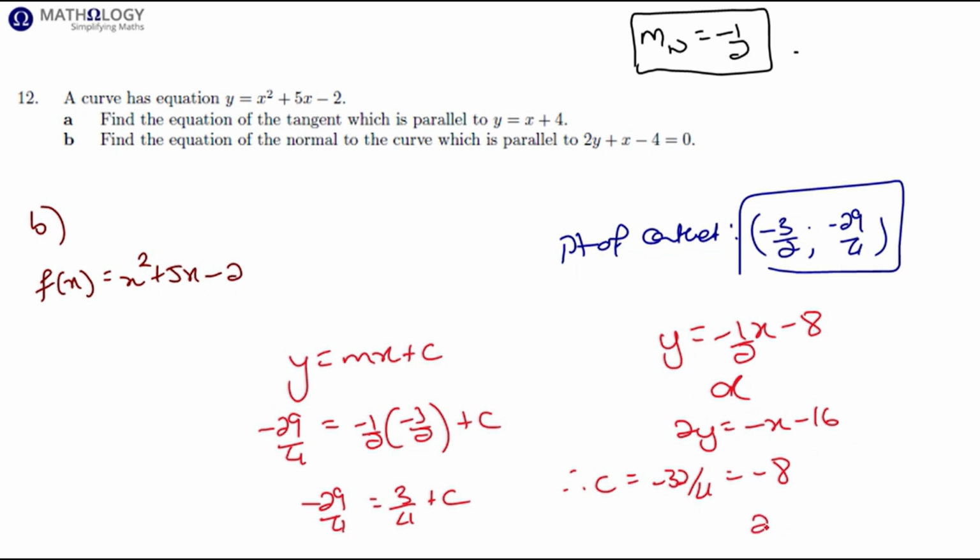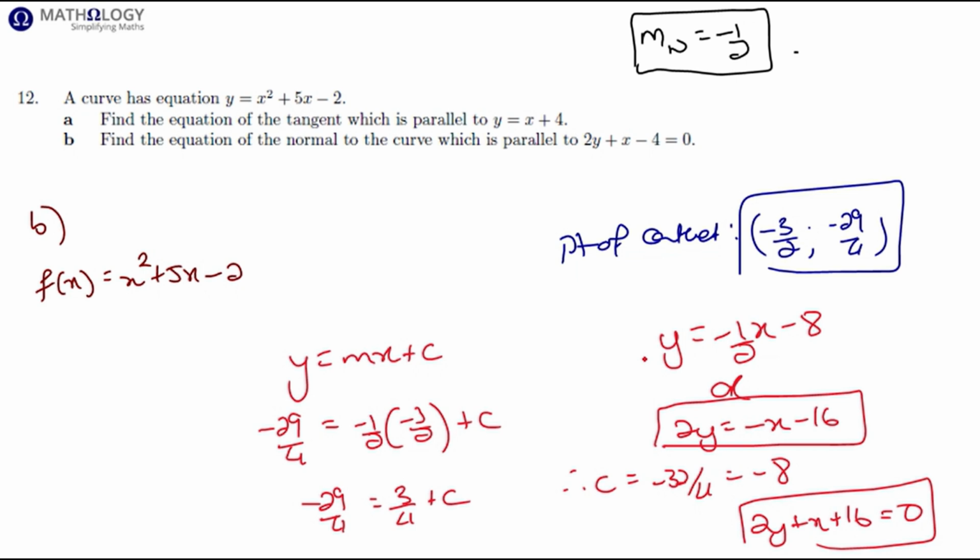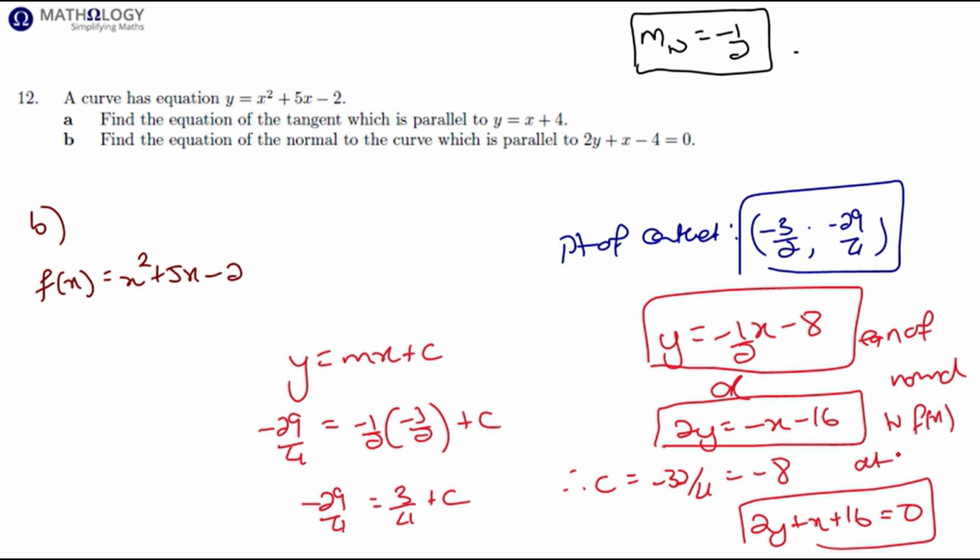Even better, 2y plus x plus 16 equals 0. These three equivalent forms represent the equation of the normal to f of x at the point minus 3 over 2, minus 29 over 4.